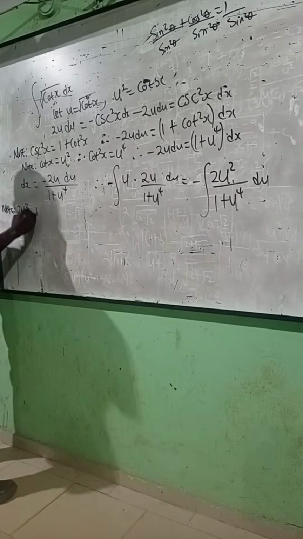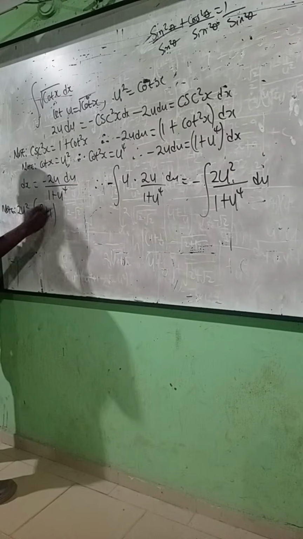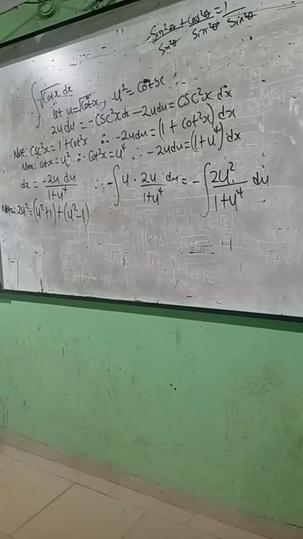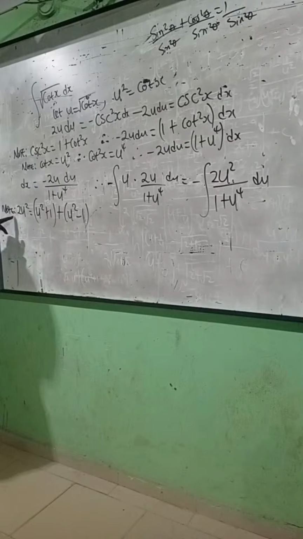2u squared equals to u squared plus 1 plus u squared minus 1. U squared plus u squared, 2u squared. 1 minus 1, gone.